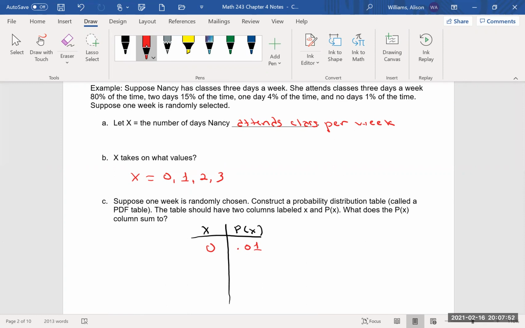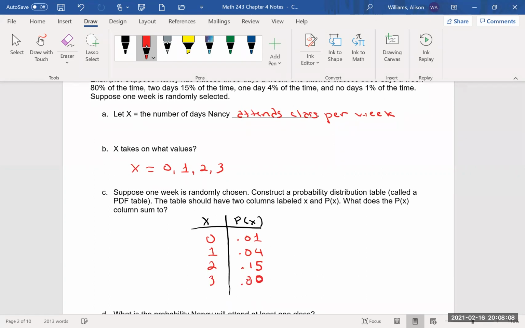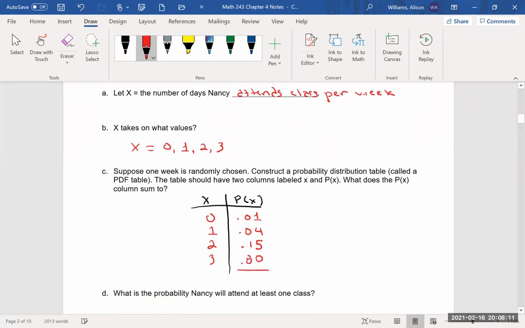For 1, that was 1 day, 4% of the time. For 2, 15%. And for 3, that's 80%. Let's make sure that does total up to 1. So 5, 20, yep, that totals up to 1. So good, we got all the possibilities. So there's our probability distribution function table.